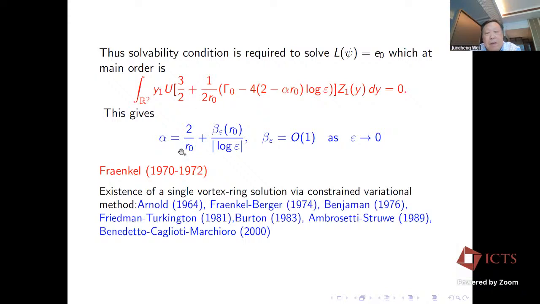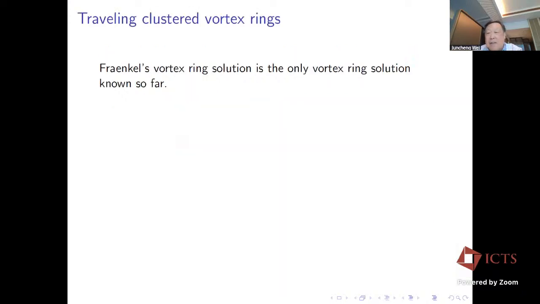Okay? Of course, there are many variational constructions, but here is this analytical construction. So the speed is like 1 over r. So if the radius is small, then this travels fast. If the radius is big, then it travels slow. Okay. And there are many other traveling ring solutions.